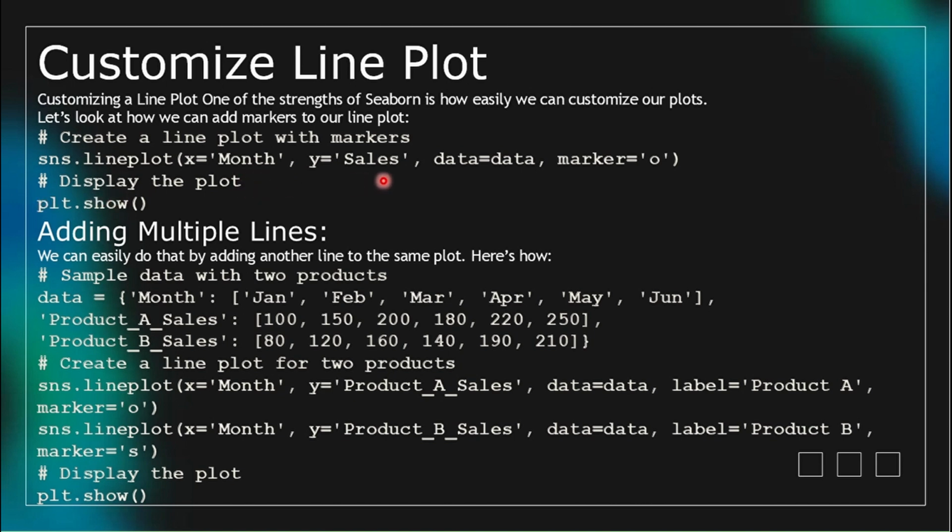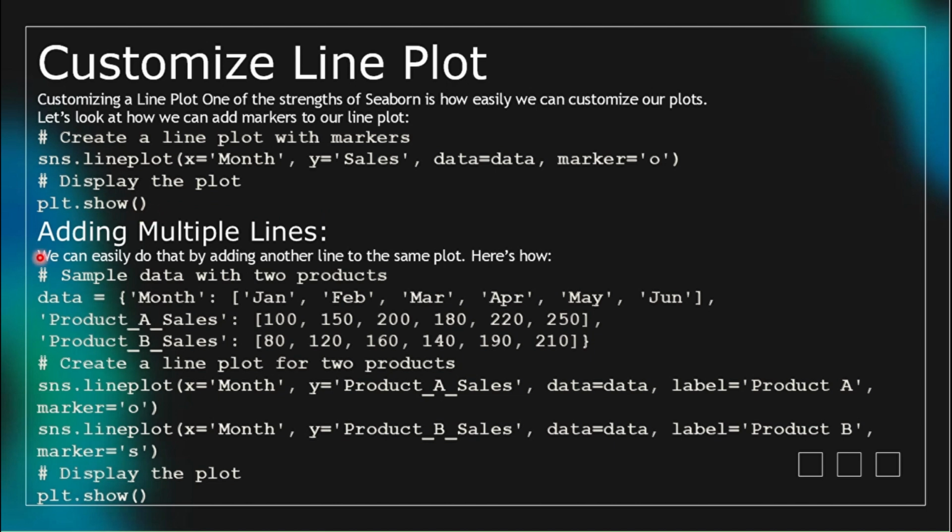Let's look at how we can add markers to our line plot. Here we added marker equals 'o', which places a circle at each data point, making them easier to identify. This small adjustment helps emphasize each specific data value while still showing the overall trend.